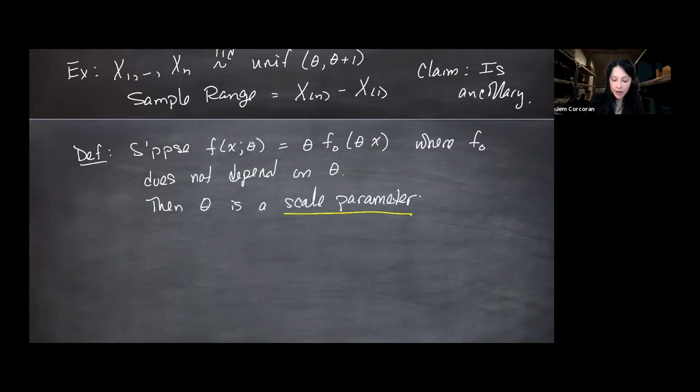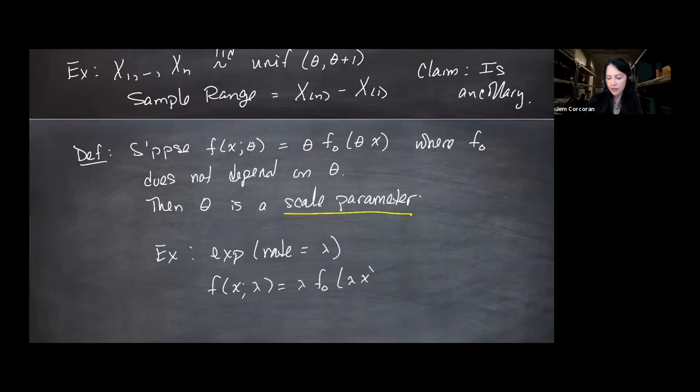For example, the exponential distribution with rate equal to lambda, we can get the PDF from lambda f naught of lambda x, where f naught is just the exponential distribution PDF with parameter 1. And yeah, indicators.